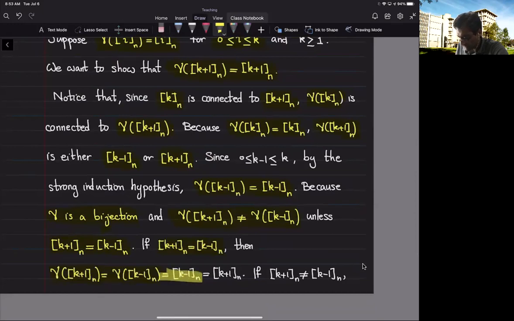And then in that case, by the strong induction hypothesis, that's k minus 1, and that is k plus 1. If they are not the same, then gamma of k plus 1 is not gamma of k minus 1. And gamma of k minus 1 is k minus 1. That implies that gamma of k plus 1 cannot be this one. And so it should be this one. And that's exactly what we wanted to show.